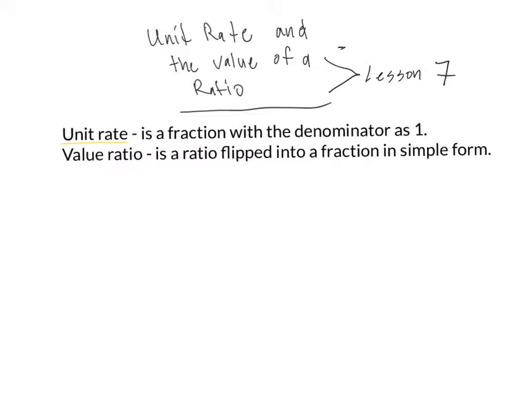The unit rate are things like, so we could say 5 shirts made every hour.